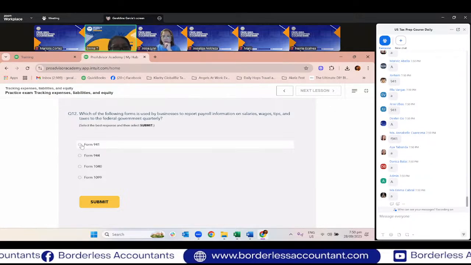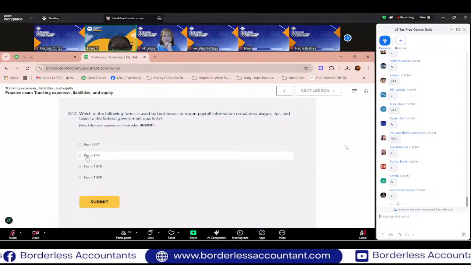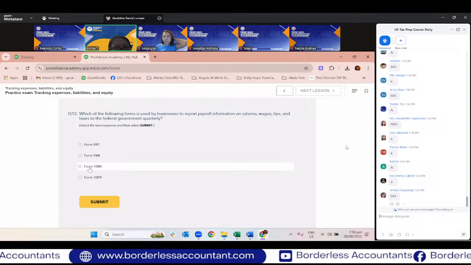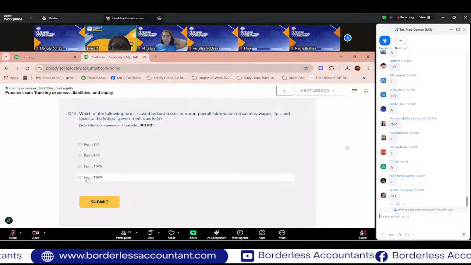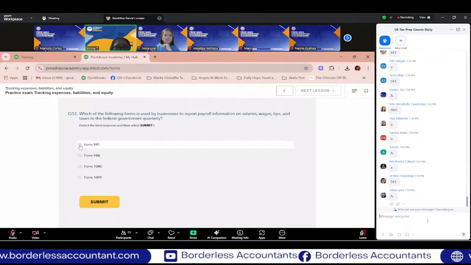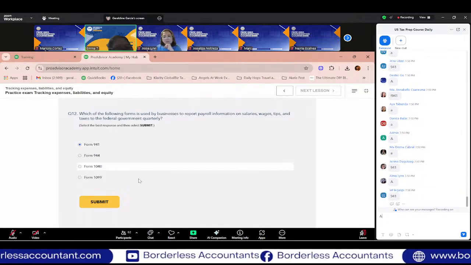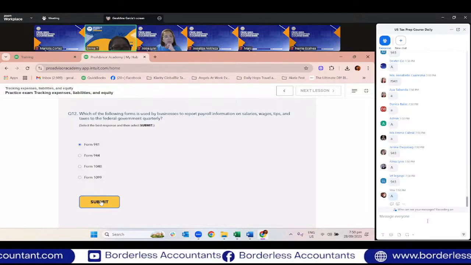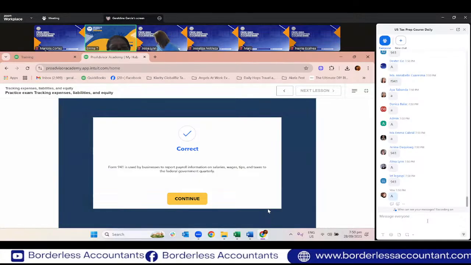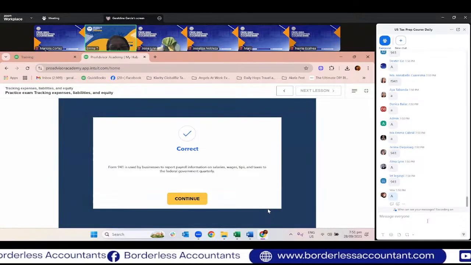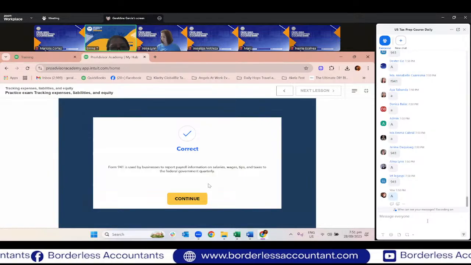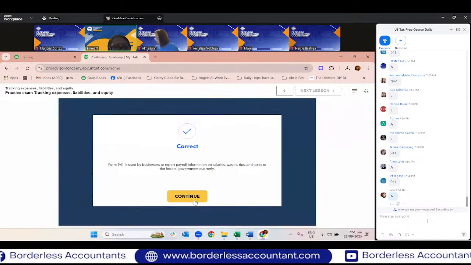A, Form 941, B, Form 944, C, Form 1040, then Form 1099. So the answer is letter A. Most of the answers are letter A. So let's select letter A, submit. Yes. Form 941 is used by businesses to report payroll information on salaries, wages, tips, and taxes to the federal government quarterly. Thank you. Let's continue, gang.